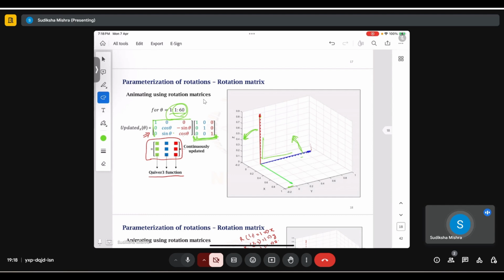As your theta changes, the final matrix that you get will change. To represent that, you can use the quiver3 function in MATLAB, which computes one matrix for each theta and then plots it.